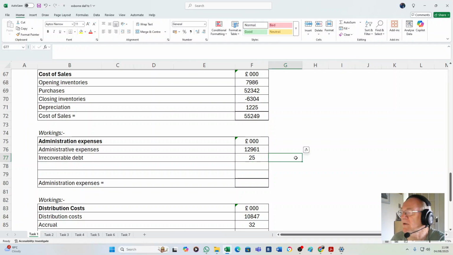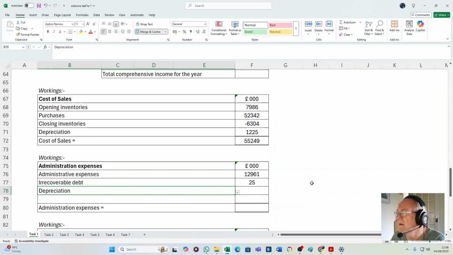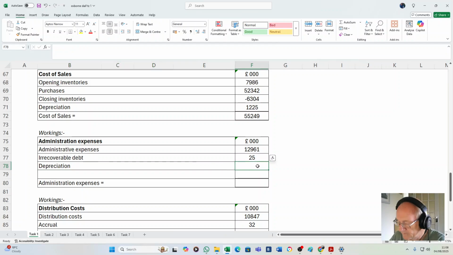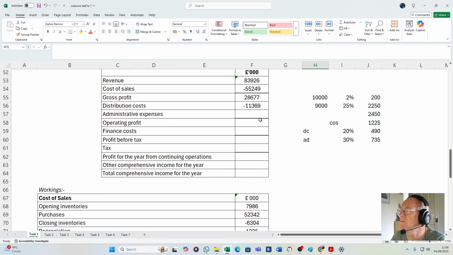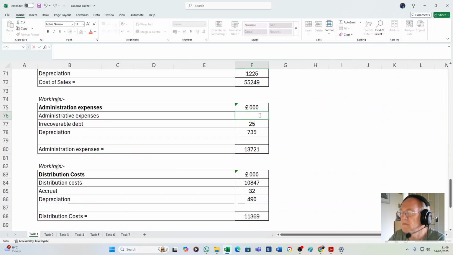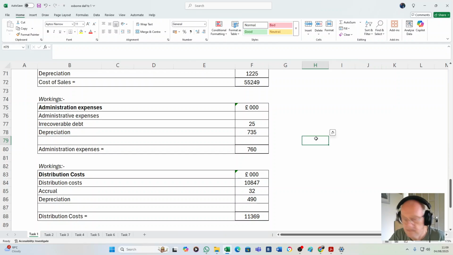Now in the exam, of course, you'll have the little green ticks. You better go through every note, every bullet point, make sure everything's included. And then our depreciation, again, I think I put an extra line in. Depreciation was the 735 we've worked out. Add them up then. 13721. Oops, what on earth happened there?